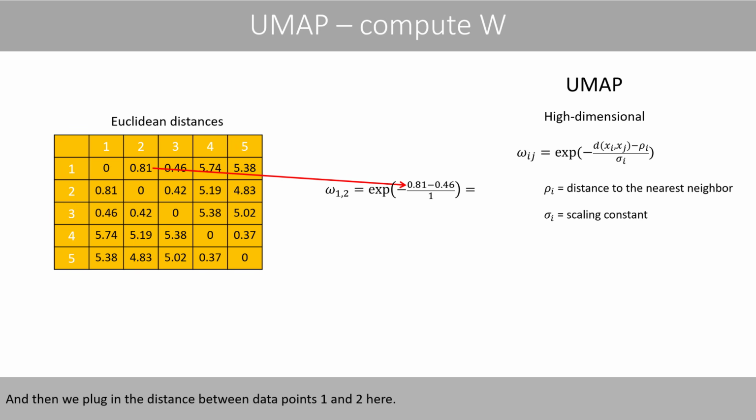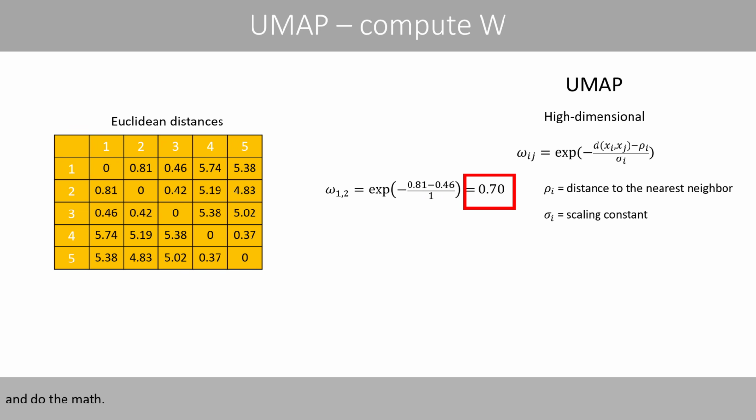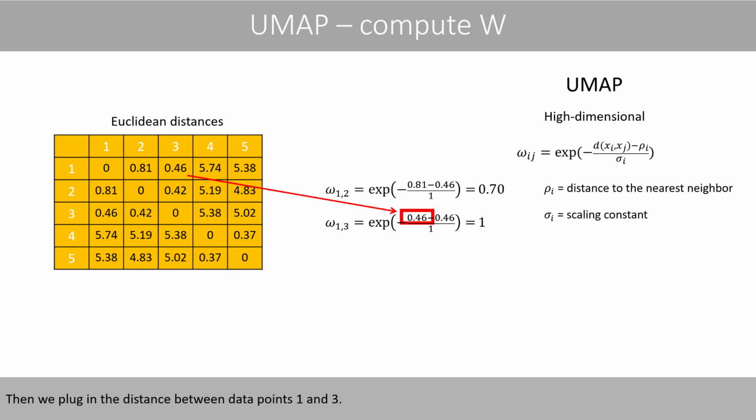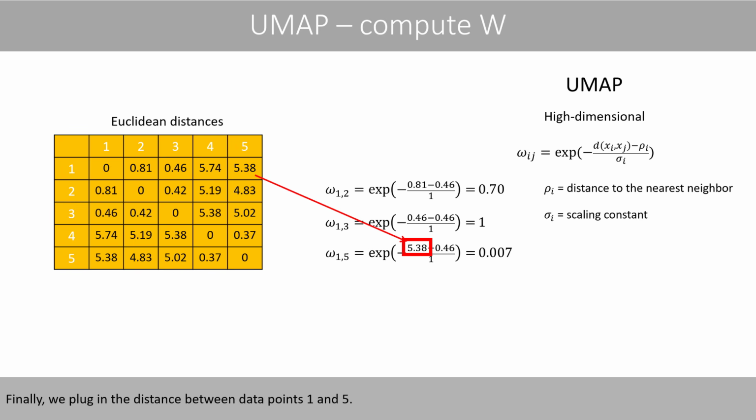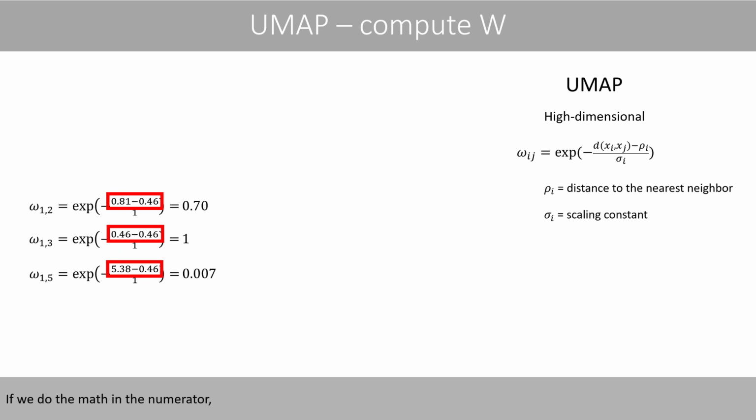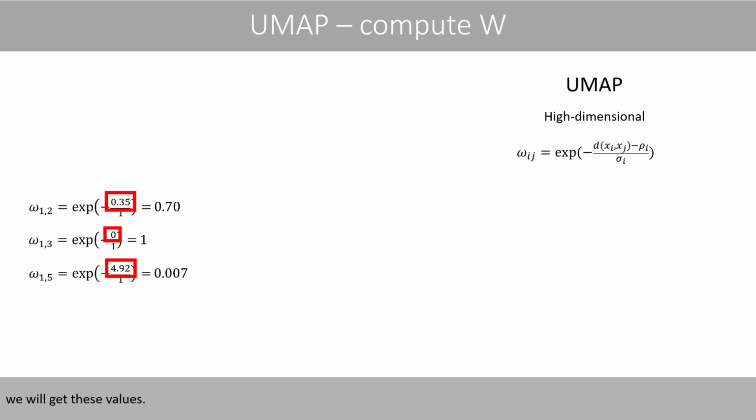And then we plug in the distance between data point 1 and 2 here. We set sigma to 1 for now, and do the math. Then we plug in the distance between data points 1 and 3. We skip this distance because data point 4 is not one of the 3 closest points to data point 1. Finally, we plug in the distance between data points 1 and 5. If we do the math in the numerator, we will get these values.